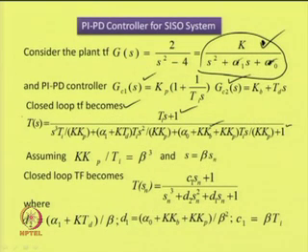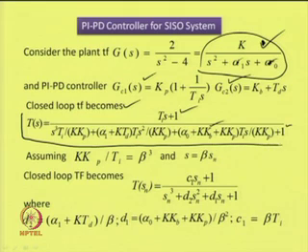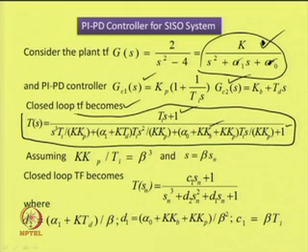So, the closed loop transfer function using the modified process dynamics G dash S gives us a transfer function with numerator T_I S plus 1 and denominator H shown over here.